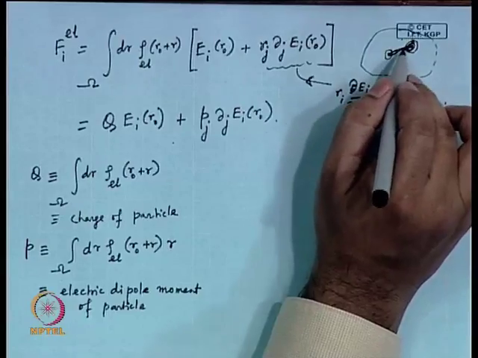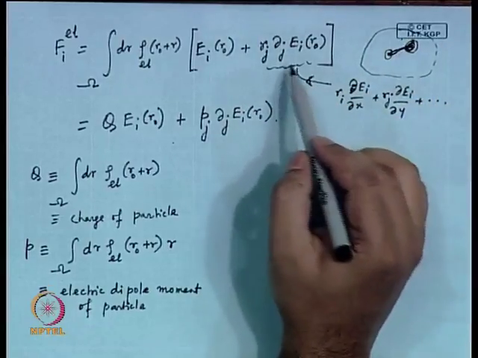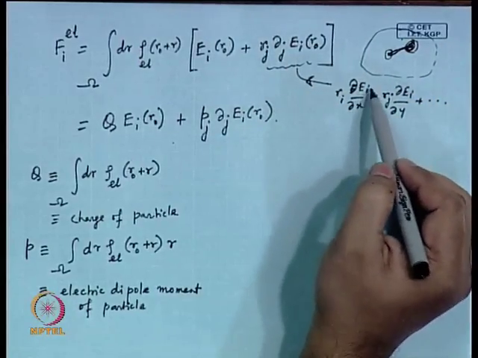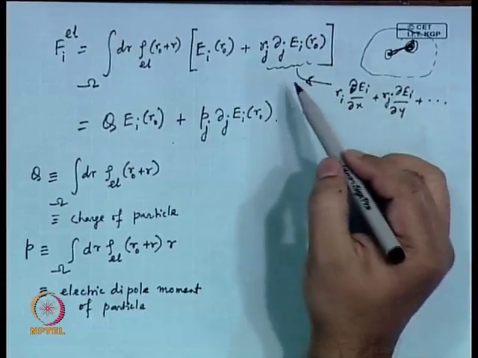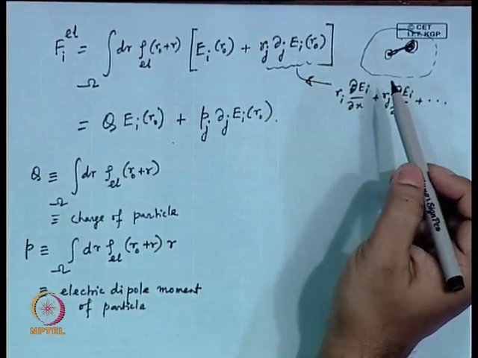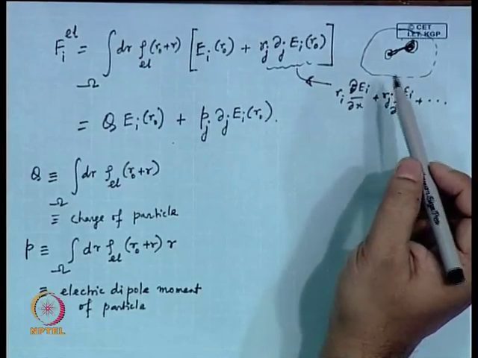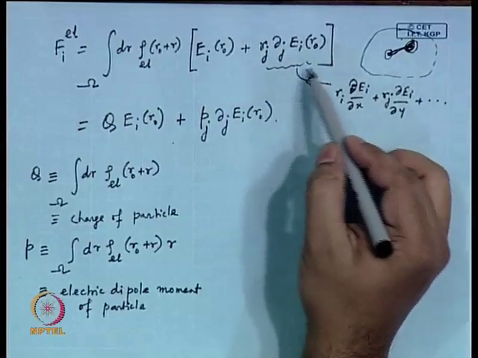So you have to take the first derivative of it, del E i by del x, del E i by del y, and multiply that with the corresponding r. Right, so that is exactly what we are talking about here.